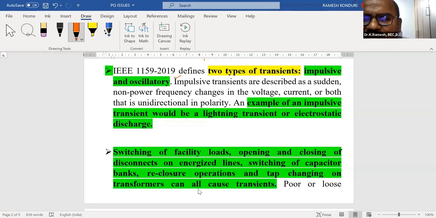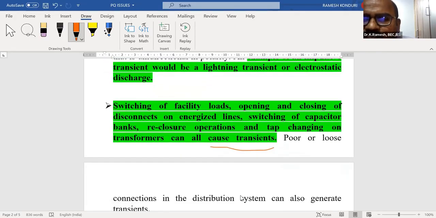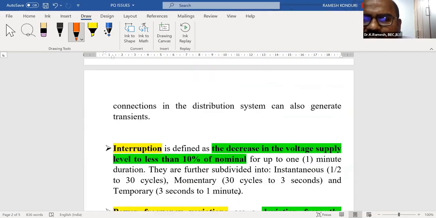So these are all the causes of these transients, which are a part of the power quality issues.